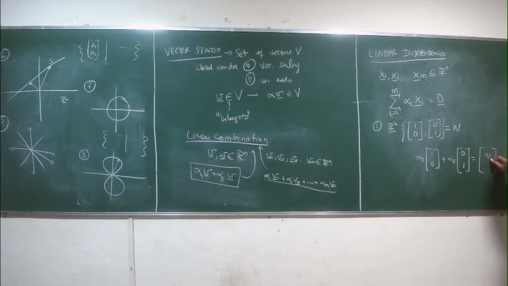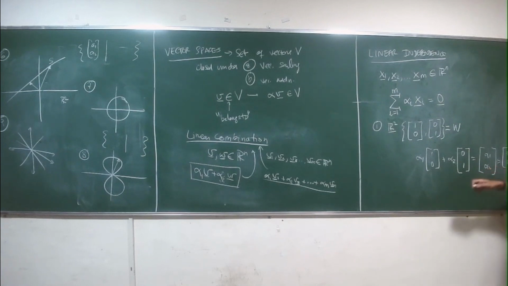This will give me alpha 1, alpha 2. Now the question is, when will this be equal to 0, 0? If you have two vectors like this, the only linear combination that will give me 0 is if both alpha 1 and alpha 2 were 0, because that's the only set of values for the alphas that will give me 0. This set is actually linearly independent.